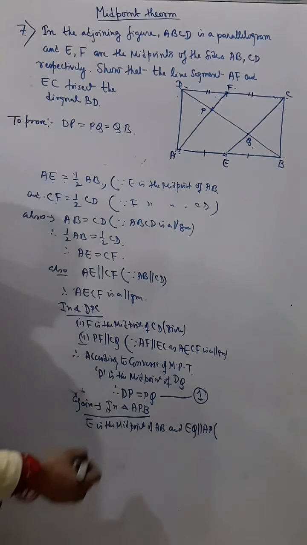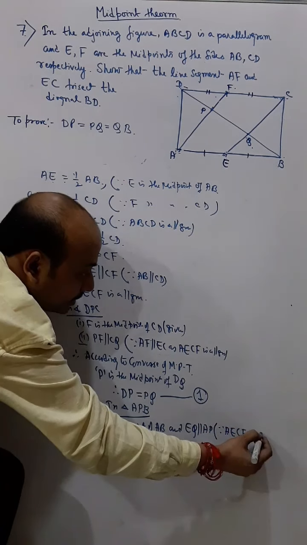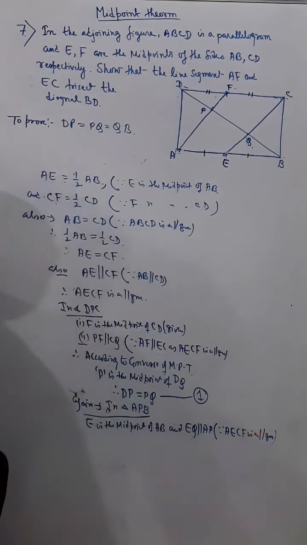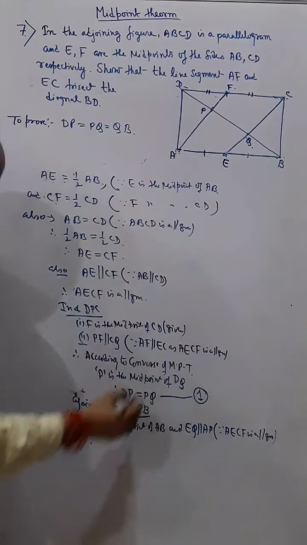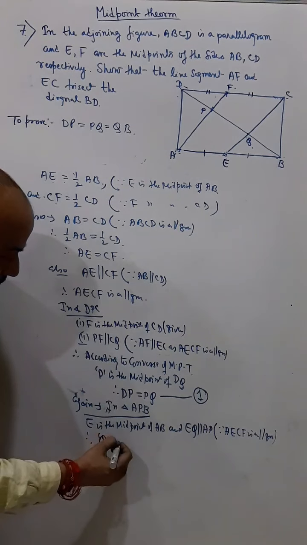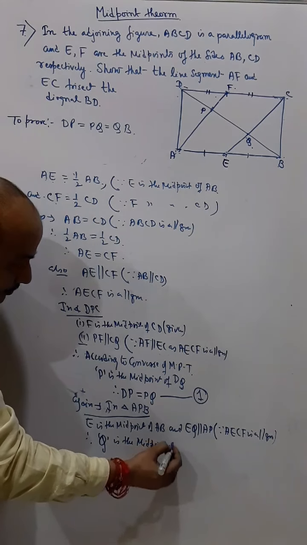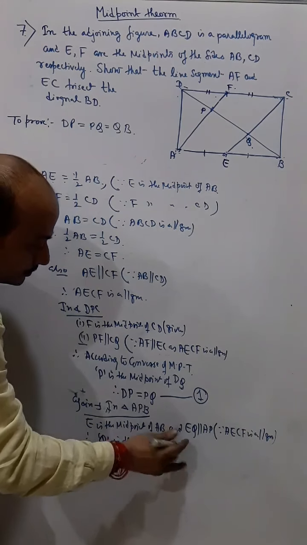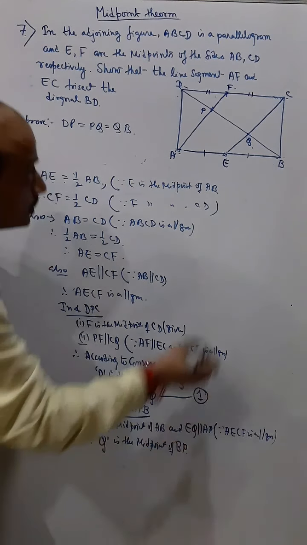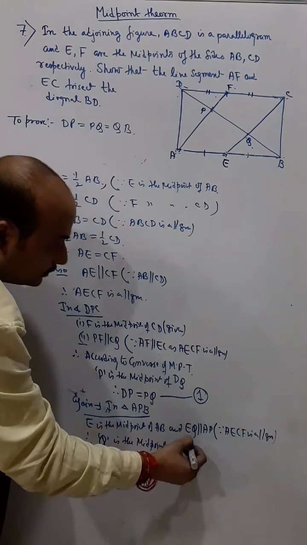Here also the similar reason, that AECF is a parallelogram. And here also we can say therefore Q is the midpoint of BP. So hence Q is the midpoint of BP, according to the converse of the midpoint theorem.